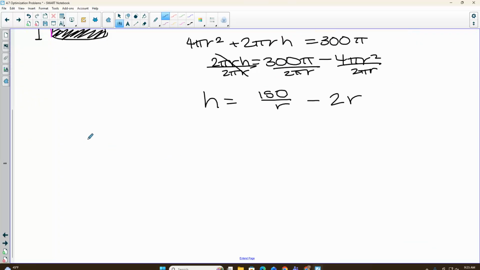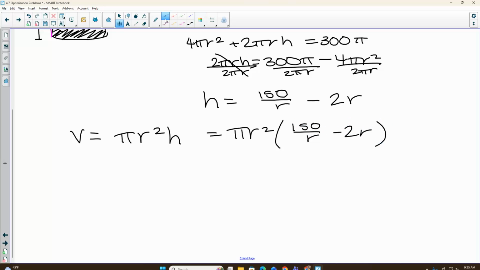So all that work was to find my h, so that now we can go to our volume. Pi r squared h. So we plug in that h. Right.